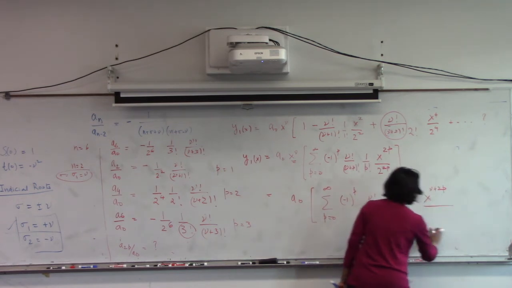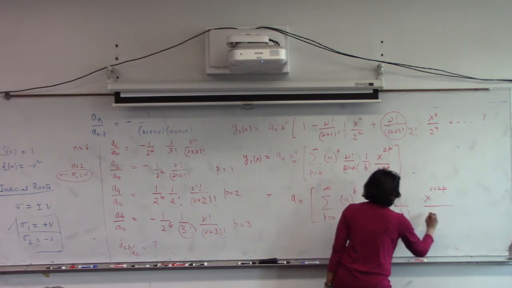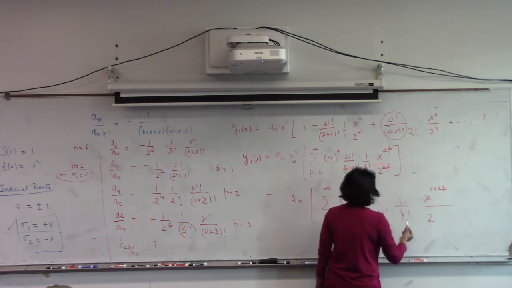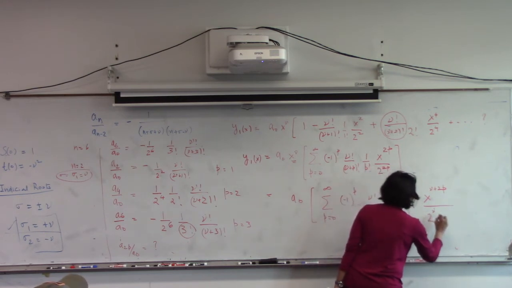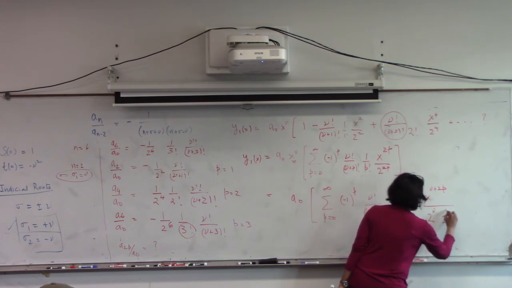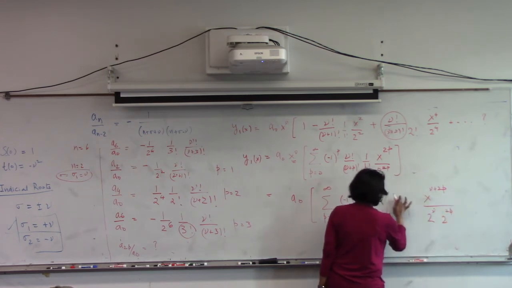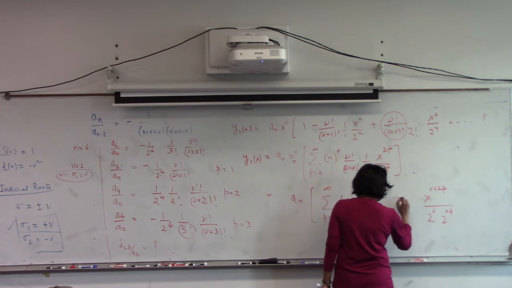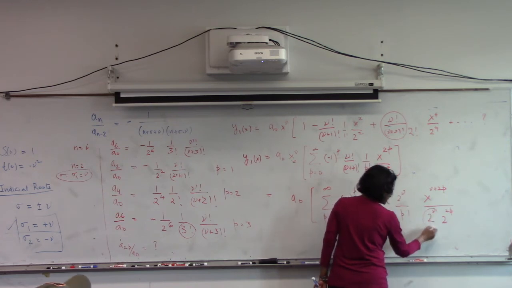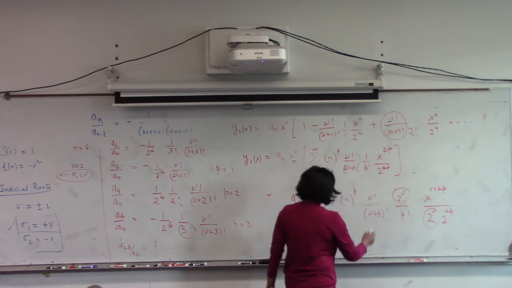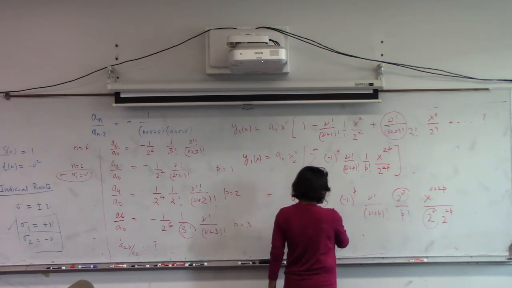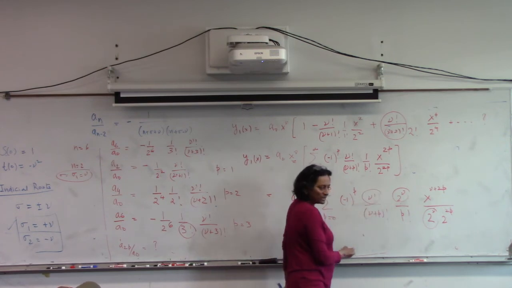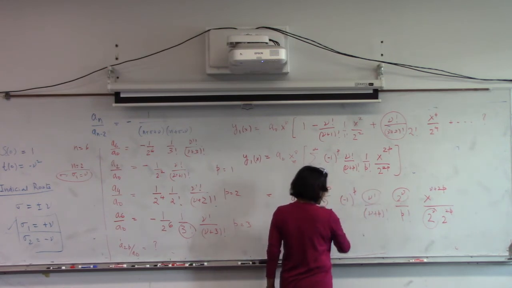But in order to write it symmetrically, because 2 is a constant and mu is a constant, I want to multiply and divide by this constant 2 to the nu, okay? So I can write this as x over 2 to the power of mu plus 2p, okay? I'm going to multiply and divide by this, that I can do. And this is a constant, so I can pull it outside. This is also constant, it doesn't depend on p, so I can pull this also outside, right?